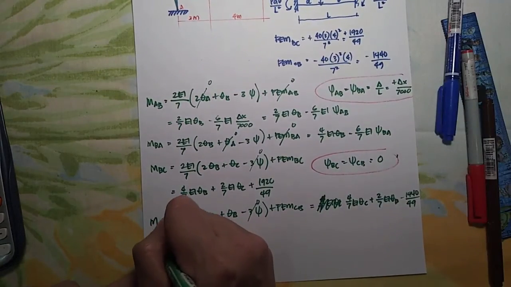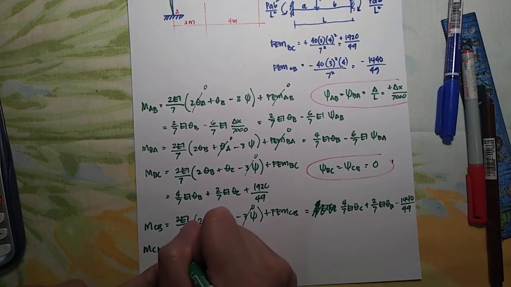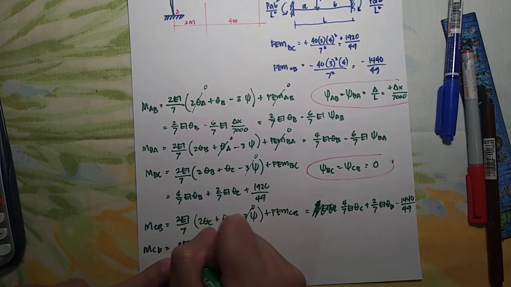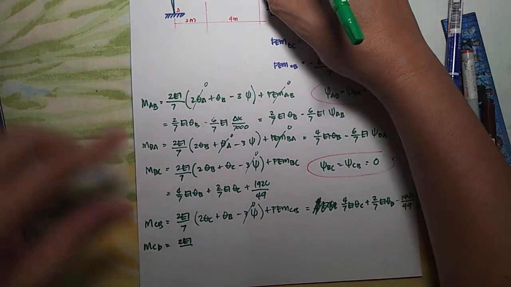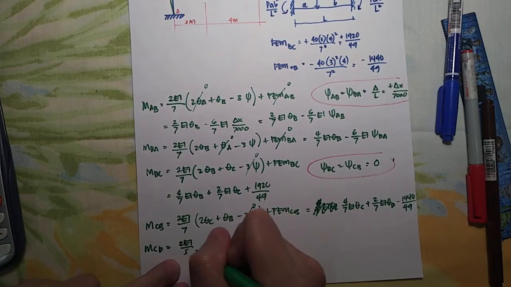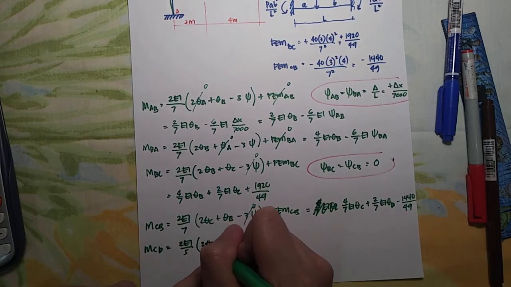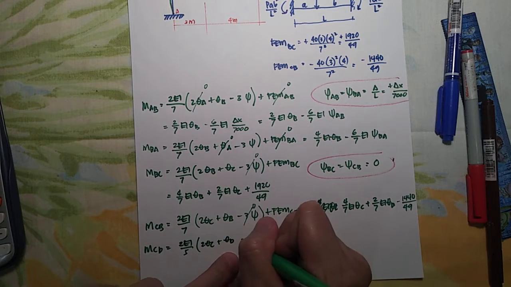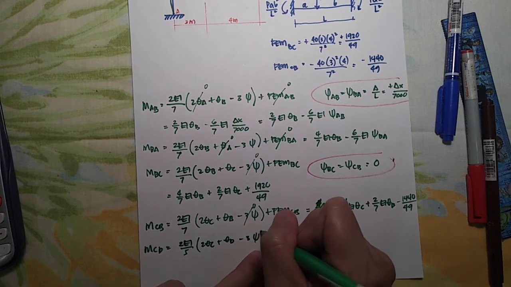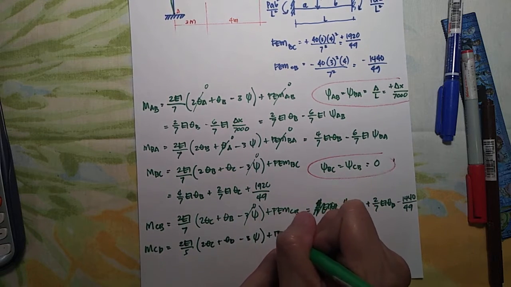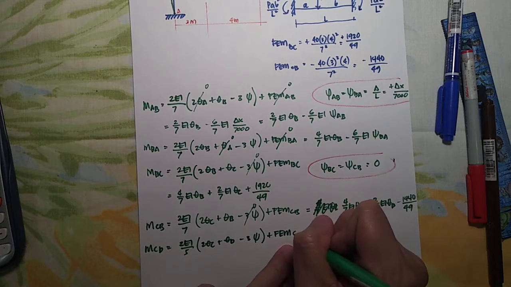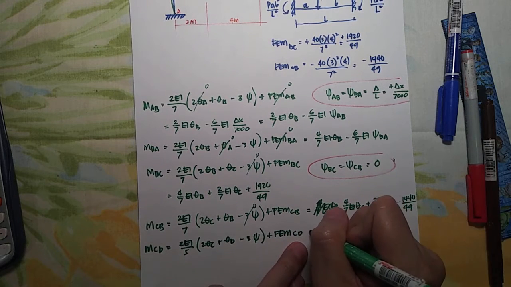Moment on CD is again 2EI over the length for CD is 5 meters. So 5, twice theta C plus theta D minus 3 psi for CD plus the fixed end moment on CD. Okay, so simplify.